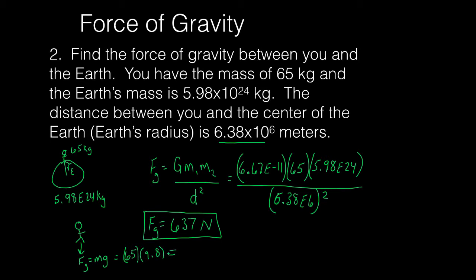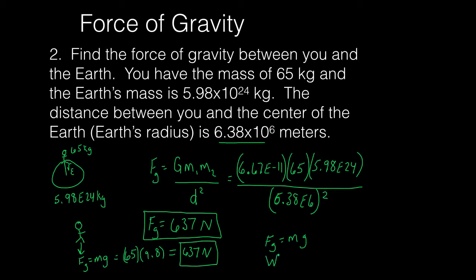And so let's do that on my calculator. 65 times 9.8 is exactly 637 newtons. And so you should notice that it doesn't matter which equation you use, the force of gravity between you and the Earth is the same. And another important point to point out, the force of gravity is equal to mg. That's what we've learned all year.